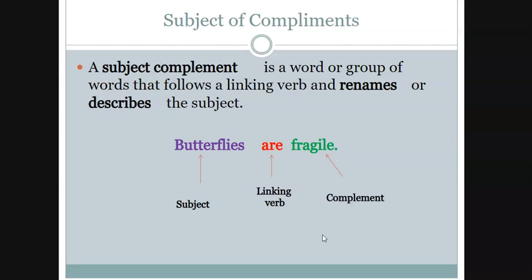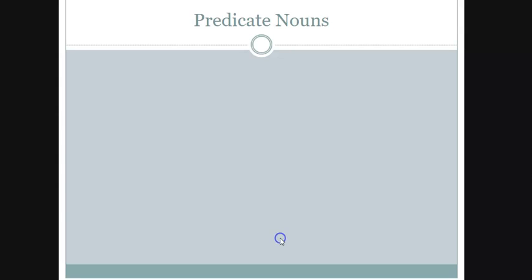Subject complement is a word or group of words that follows a linking verb and renames or describes the subject. So, let's continue our lesson. Predicate nouns. A predicate noun follows a linking verb and defines or renames the subject.